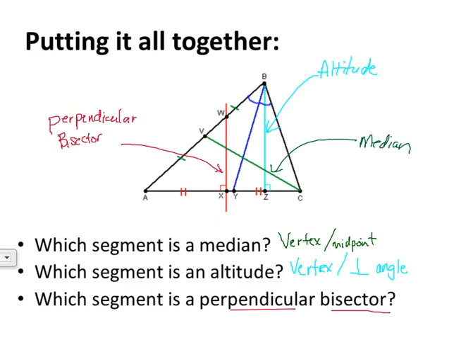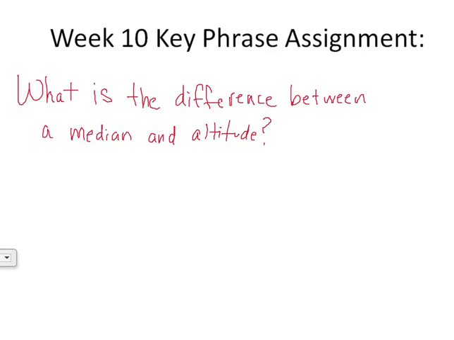So lots of different properties, lots of different theorems that you've learned that will help you solve problems this week. So we're ready for our key phrase assignment. Let me put that up. So we learned 3 special segments within triangles this week. We learned about perpendicular bisectors, medians, and altitudes. We learned lots of different things about them.